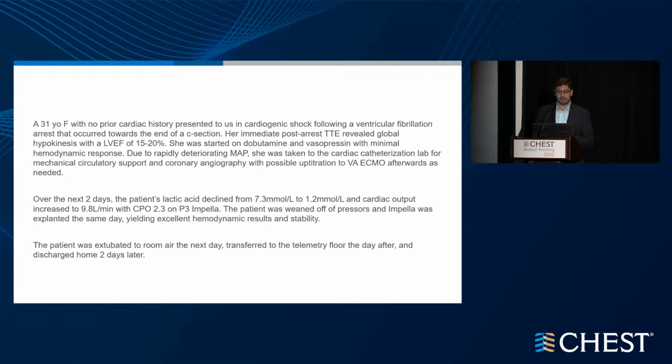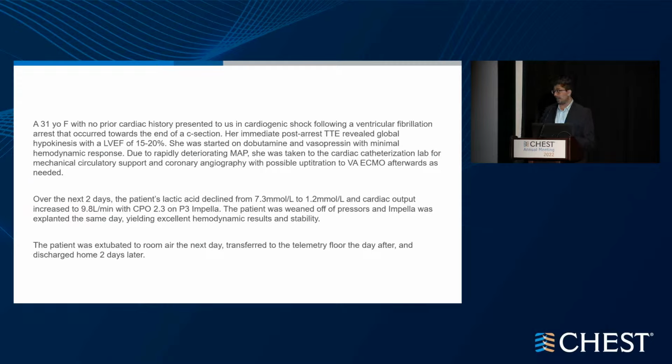There was not any ischemia, but because of deteriorating MAPs, despite being on dobutamine and vasopressin, she was not really responding to inotropic support, so that's why we upgraded her to mechanical circulatory support in the form of Impella. She was also considered by cardiothoracic surgery in case VA ECMO was an option for her. Ultimately, she did not need it.